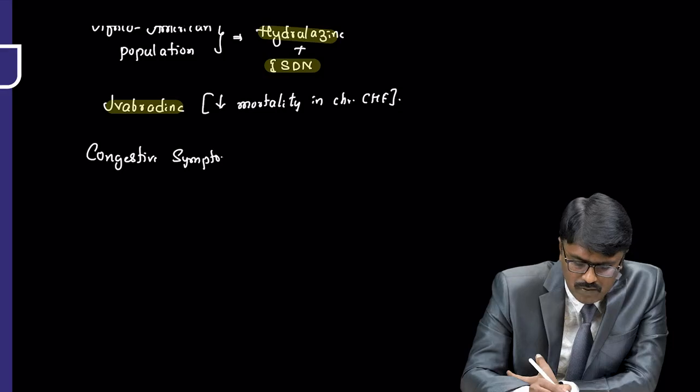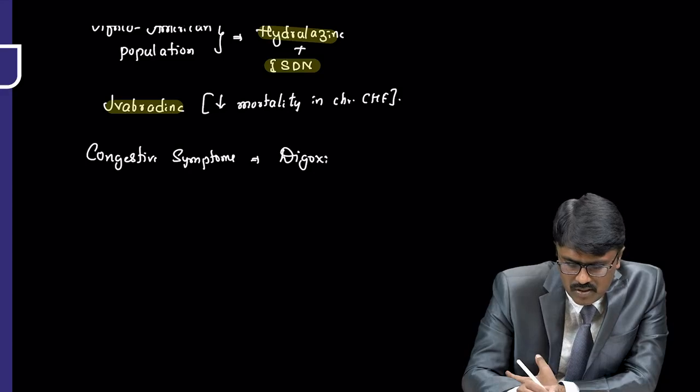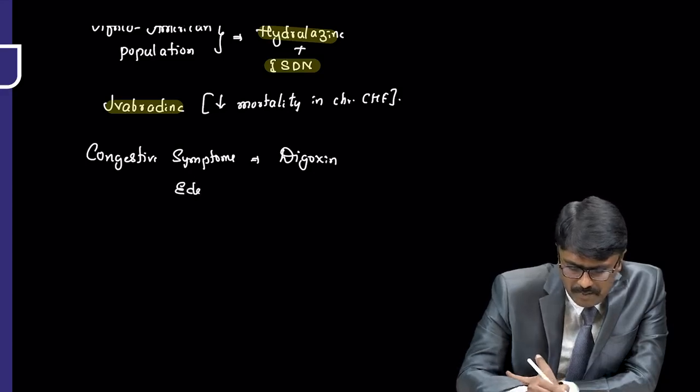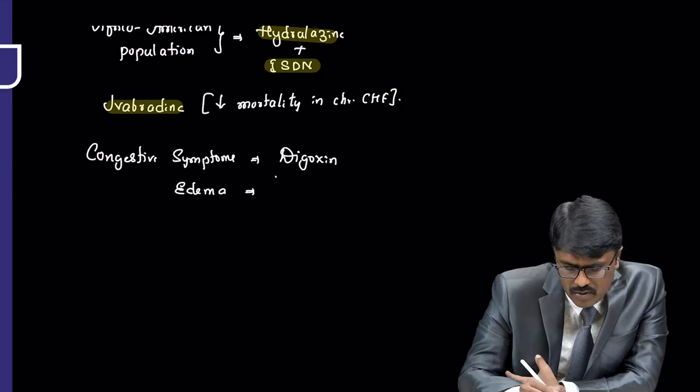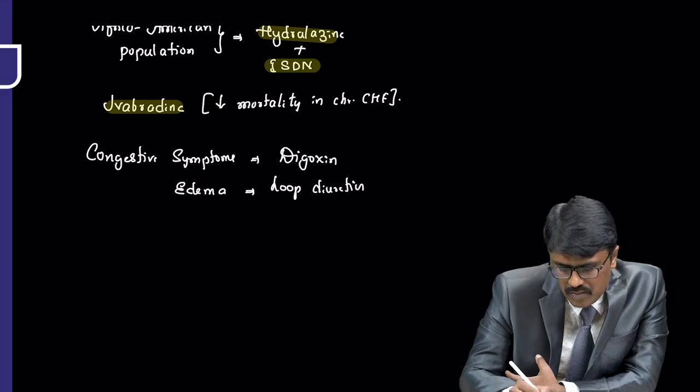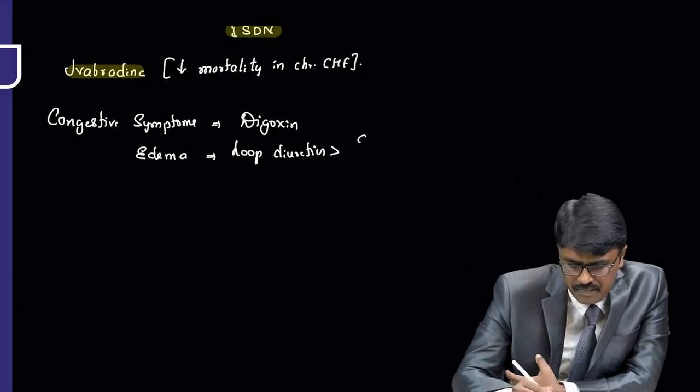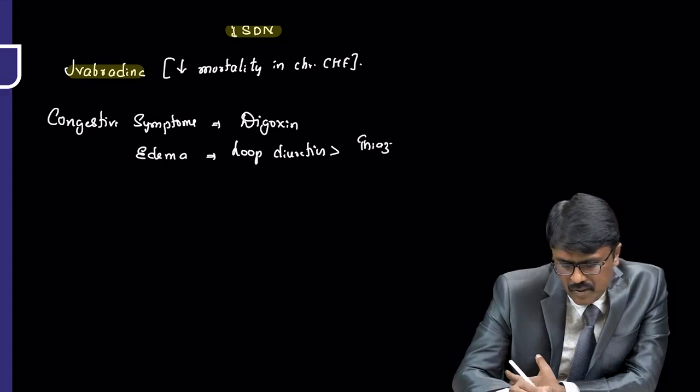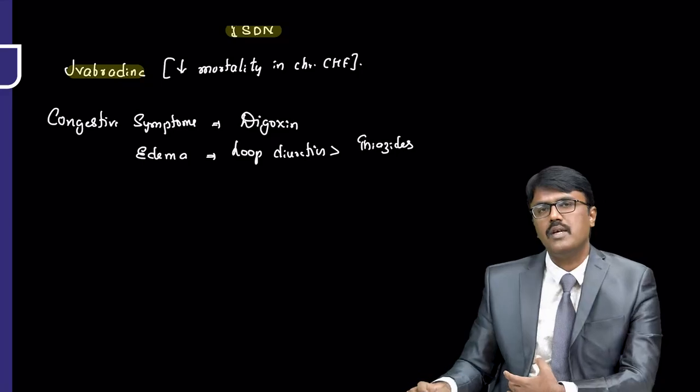Some of the old school of thought start digoxin. Otherwise, digoxin is not touched. If the patient develops edema, we use loop diuretics. They are most effective compared to thiazide diuretics. So this is the management of chronic CHF.